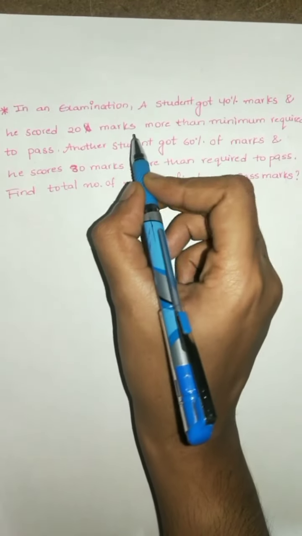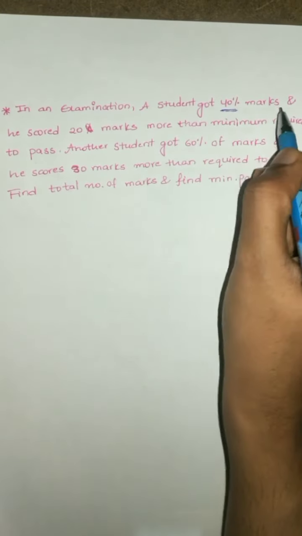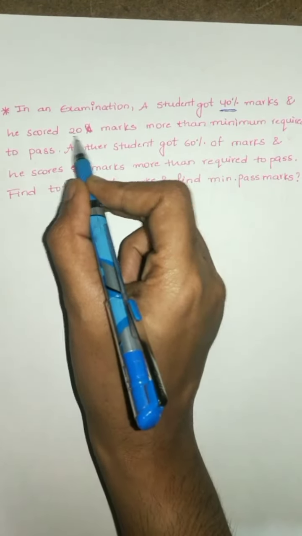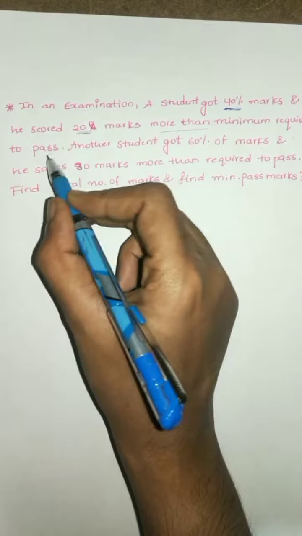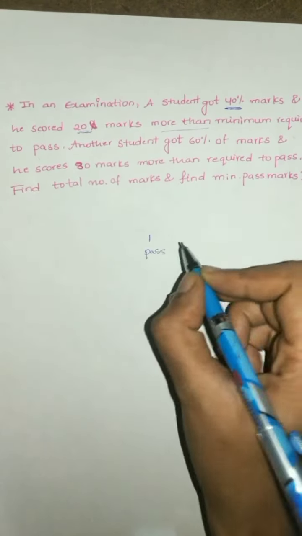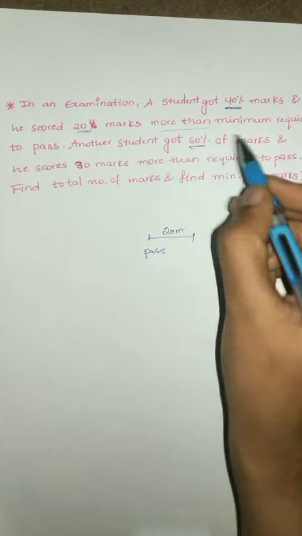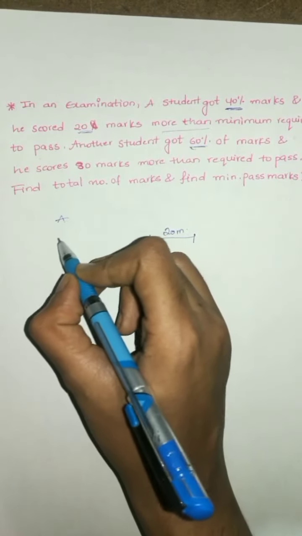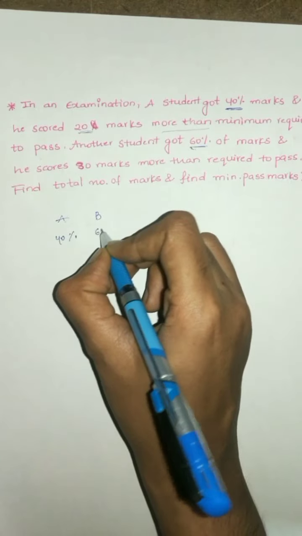Here also, in an examination, a student got 40% marks and he scored 20 marks more than the minimum required to pass. We'll take this as the pass mark. Another student got 60%. Student A has got 40% of marks and student B has got 60% of marks.